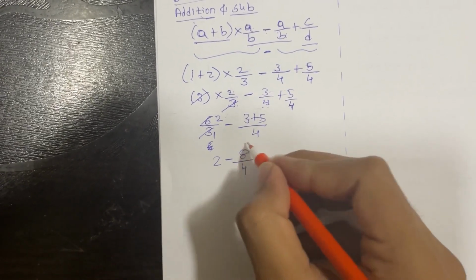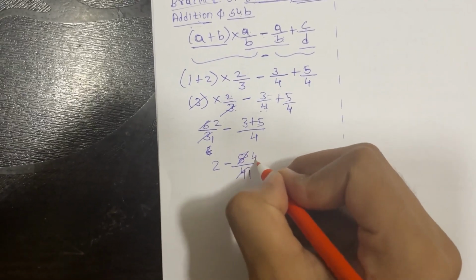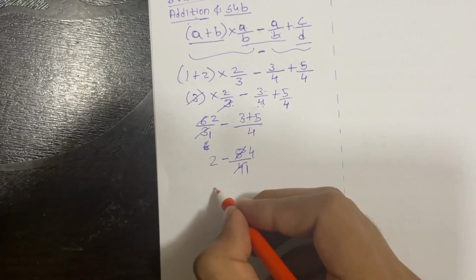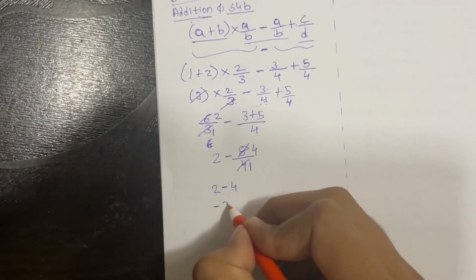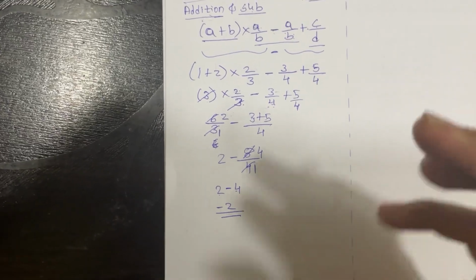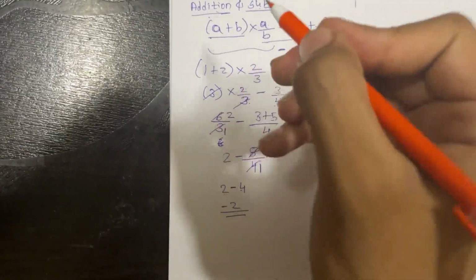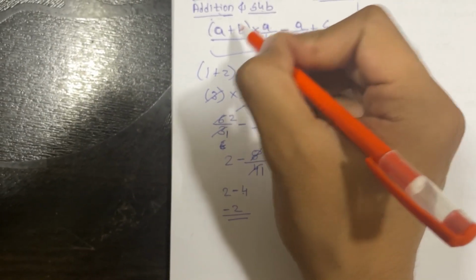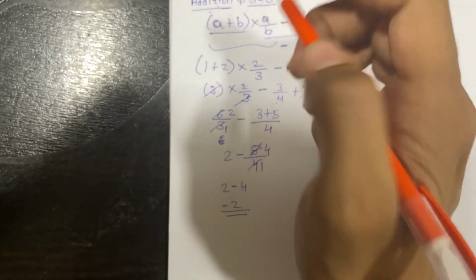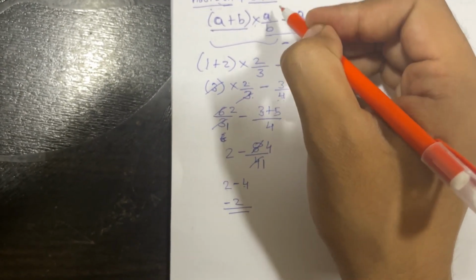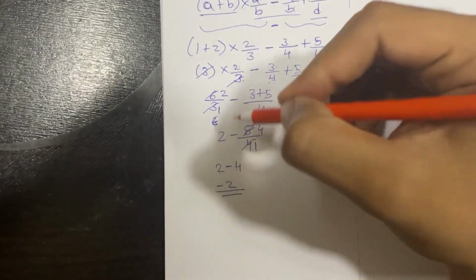Now we can simplify these also: 4 ones are 4, 4 twos are 8. Lastly we have 2 minus 4, so 2 minus 4 is minus 2. That's our answer. This is what the BODMAS rule is and where it is applicable. If a division is given, first we have to do the division and then the multiplication. This is how the BODMAS rule is used.